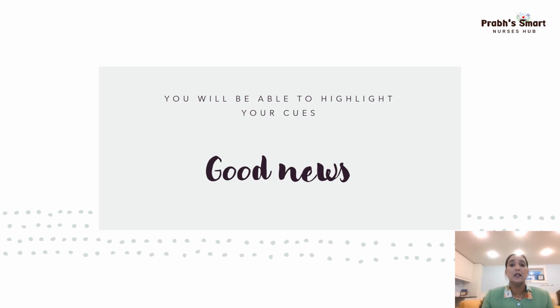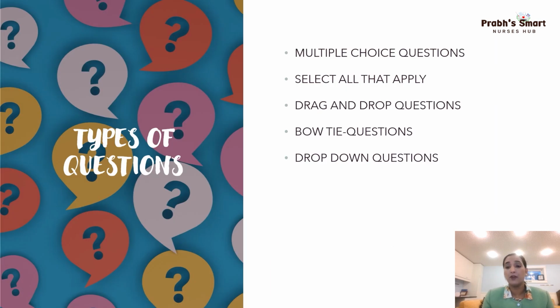Okay, yes. Next is the type of question. Yes, this is another thing that has been changed or going to be changed on April 1st. So there will be multiple choice questions, select all that apply as it was there before. These 3 things you will see different in NGN. Okay, so drag and drop questions, bow tie questions, and drop down questions.